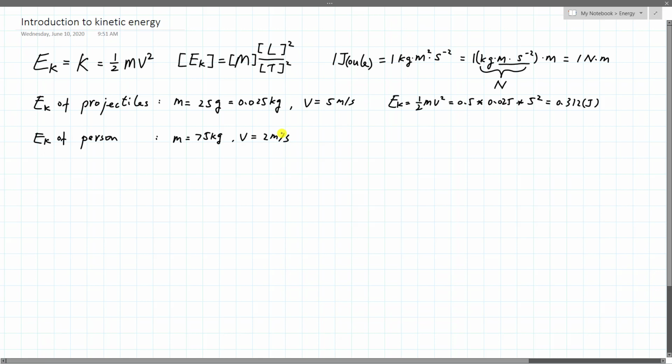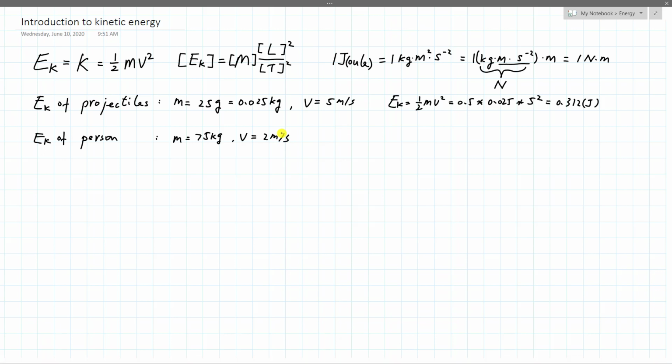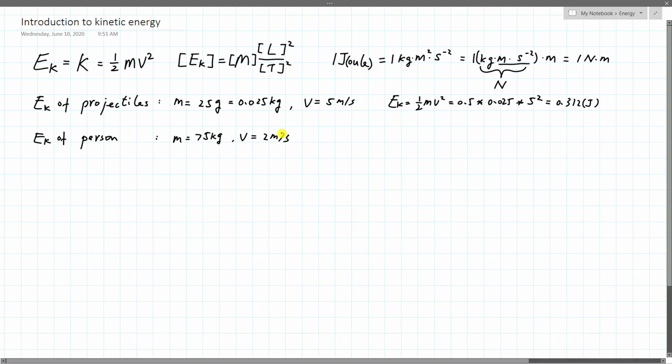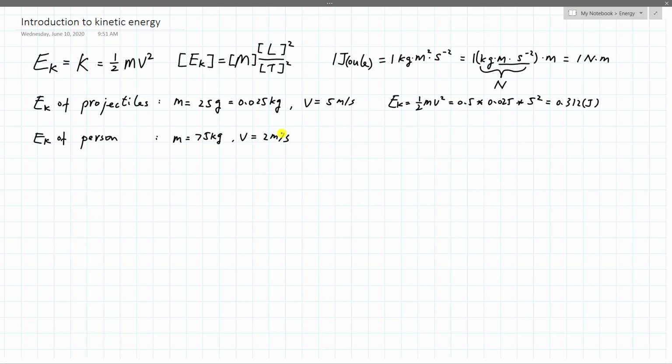I'm kind of in a hurry, but I'm not running. There's a discontinuity between how fast you can walk and how fast you can run. You can't really walk very fast or run very slowly. You go from a fast walk to a slow run. So this is a fast walk, 2 meters per second.